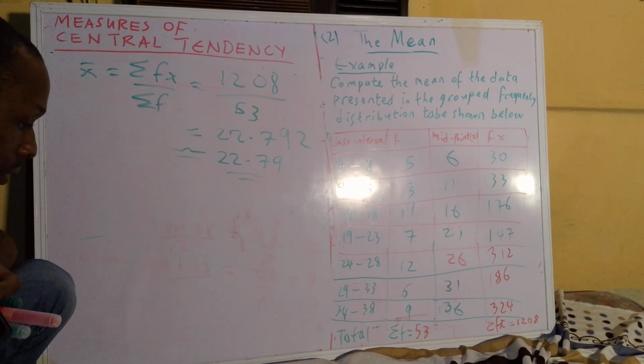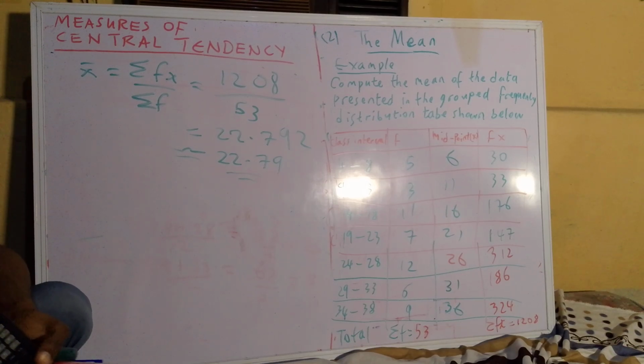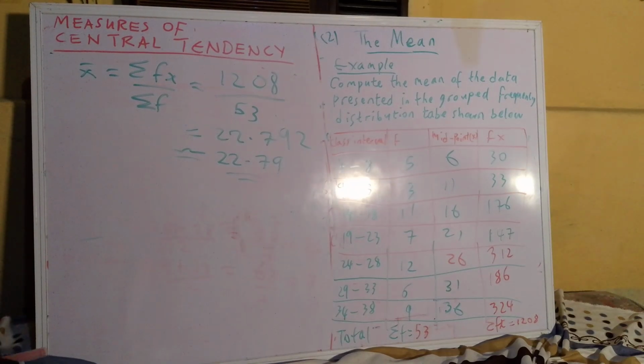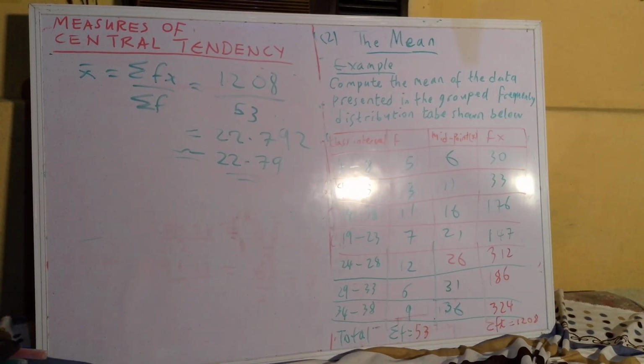That's one attribute. Then it is not advisable to use it in the case of outliers, as another attribute. So we can get as many attributes from the notes and use them.